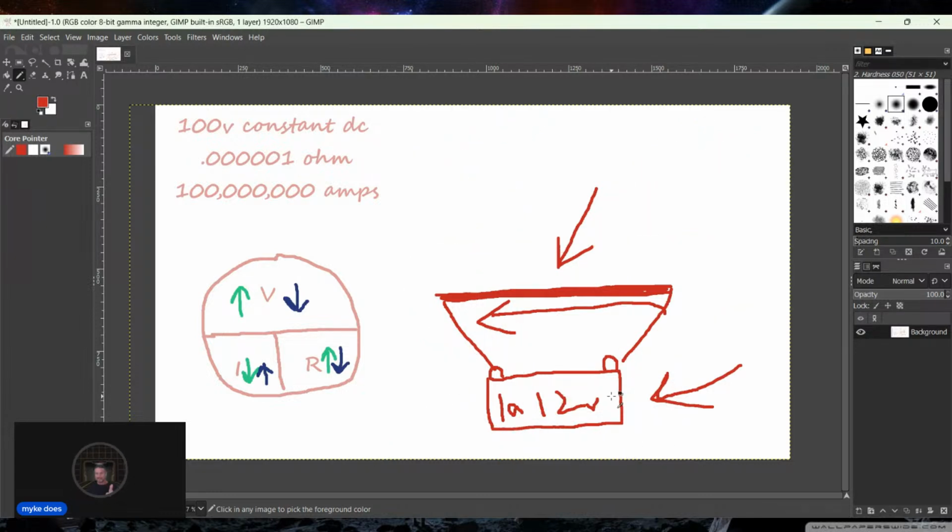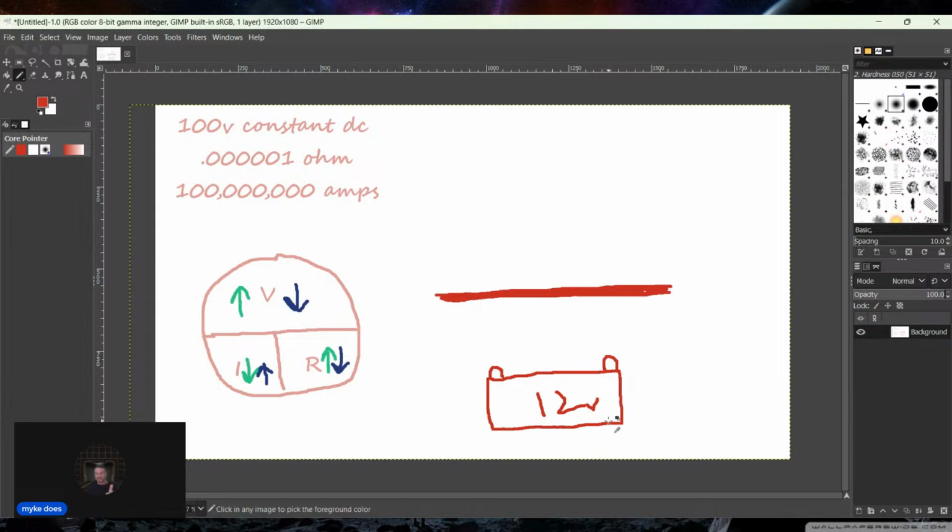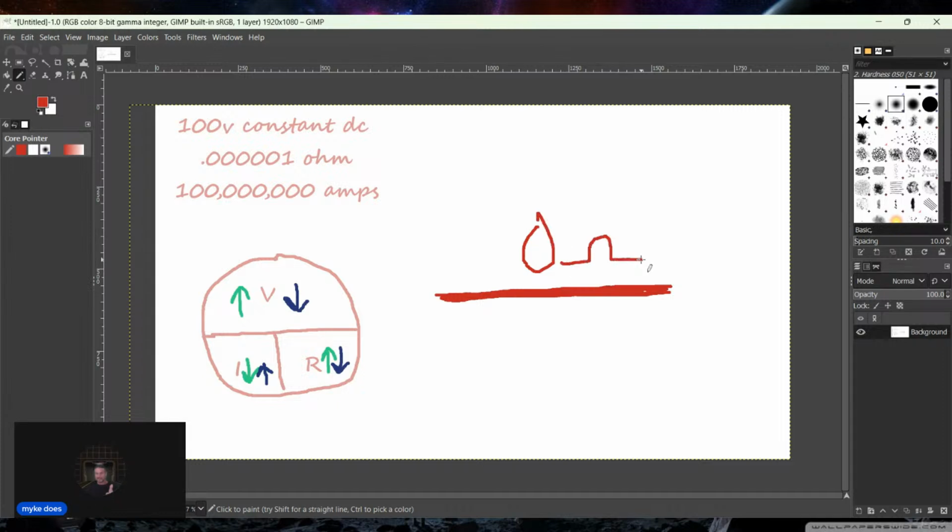Anyway, Ohm's law, and now you have a superconductor. Does Ohm's law apply? No, because technically a superconductor has zero resistance. And if you try to divide anything by zero, you will get an error saying you cannot do that, because you can't.